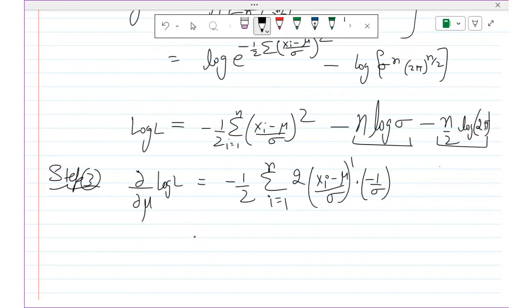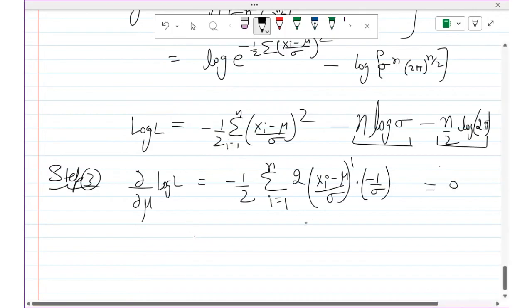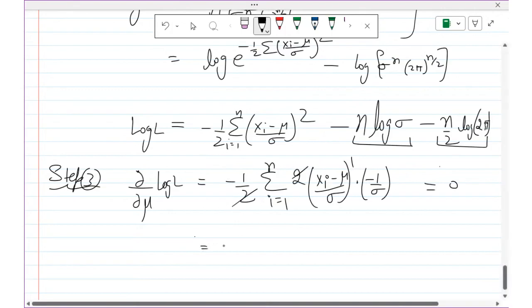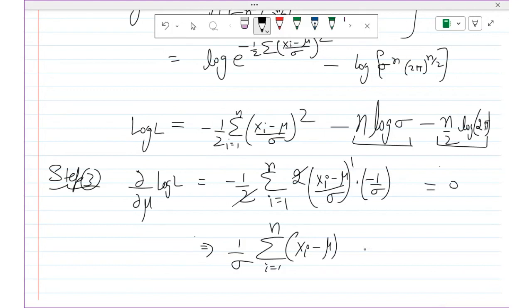And we have to keep this derivative equal to 0. If you take this 2 out, this 2 and this 2 will cancel out. What we are left with: minus and minus will be plus. Sigma into sigma, sigma square you can take common. What I'm left with is 1 upon sigma square, sum of i varying from 1 to n, xi minus mu, is equal to 0.